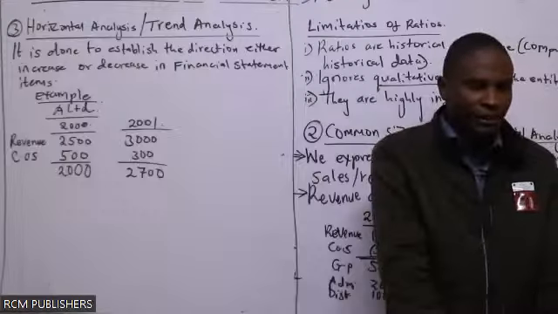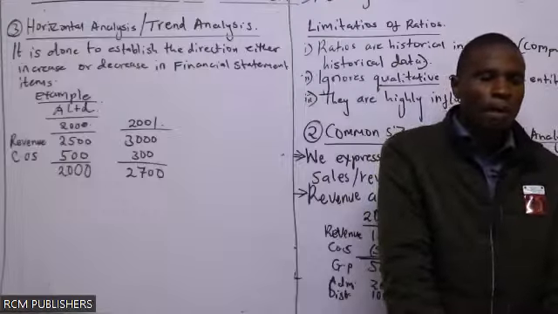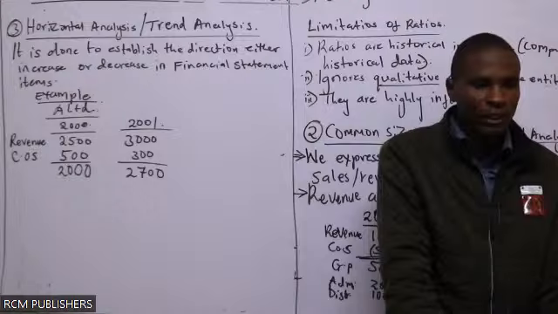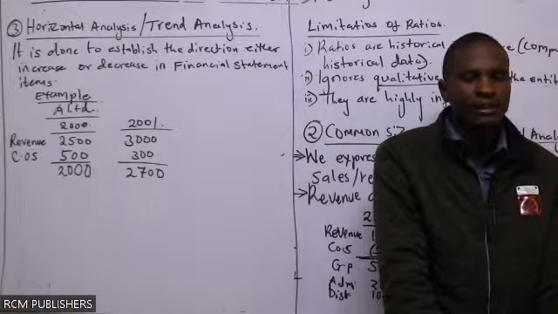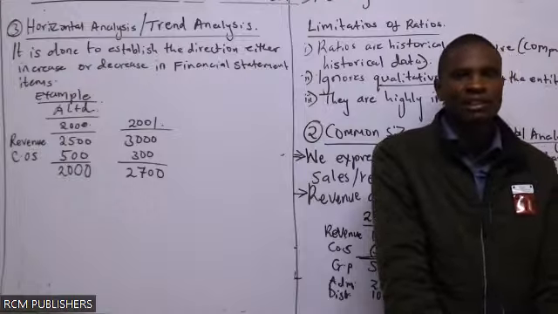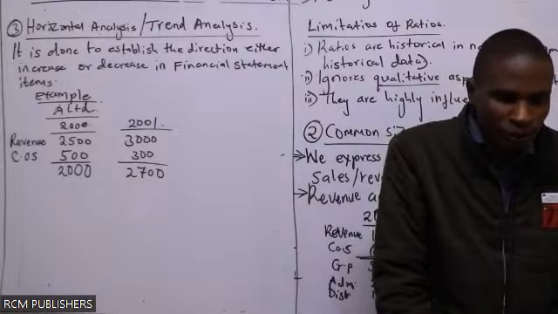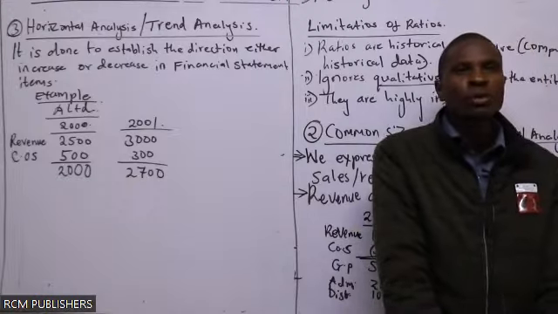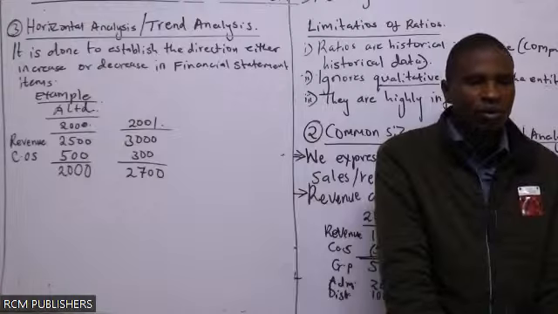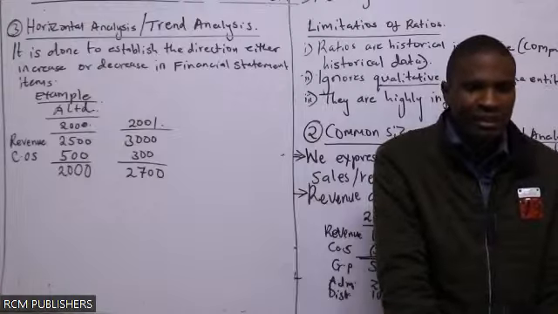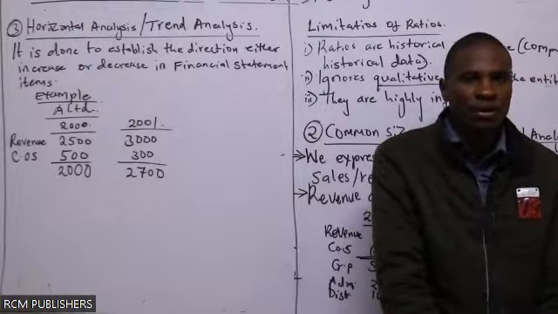Wanatuambia increase. Yes. So our 2000 is preceding 2001. So our 2000, we had a revenue of 2,500.